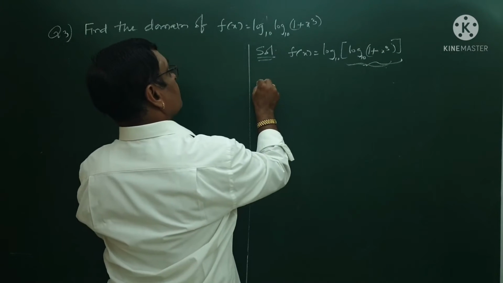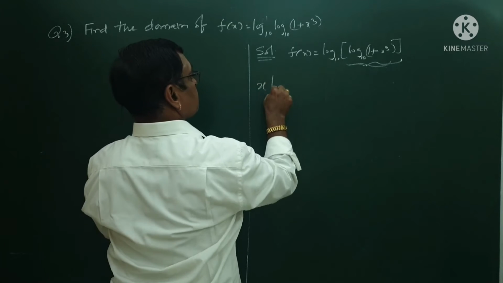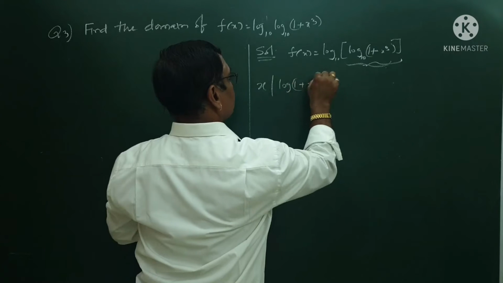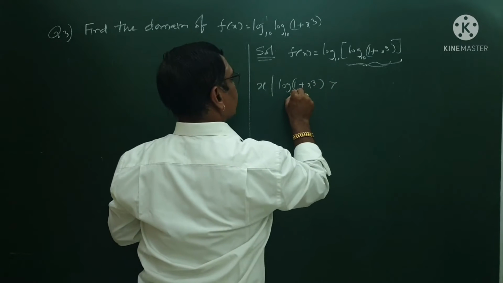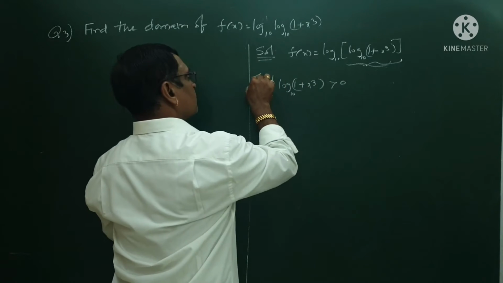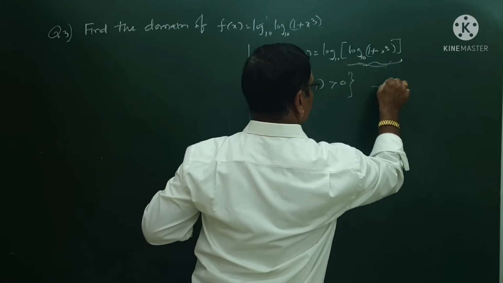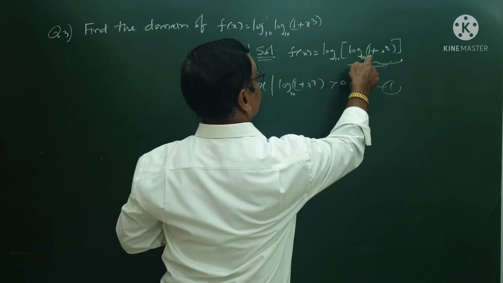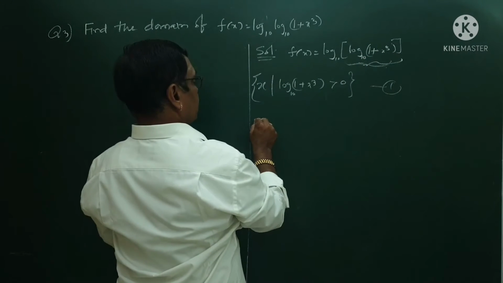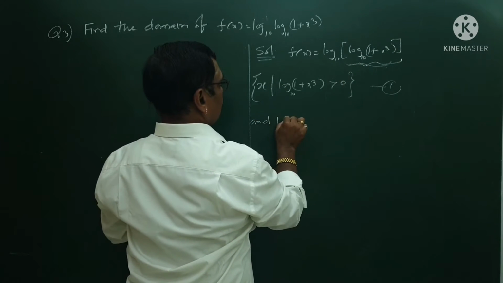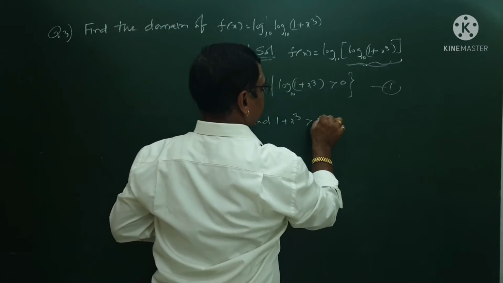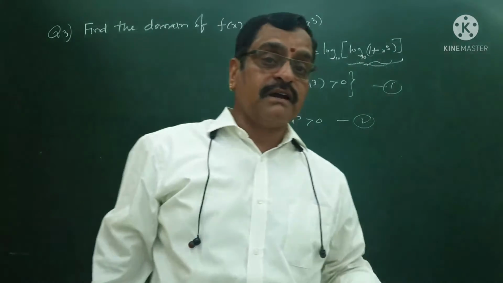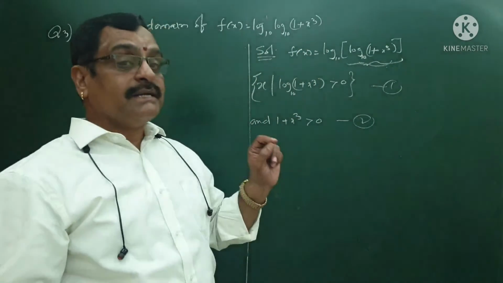So first one, log of 1 plus x cubed base 10 is more than 0. This is number 1. Number 2, we have one more log, log of 1 plus x cubed. So here, 1 plus x cubed is greater than 0. Number 2. Now you have to solve these two inequalities and take their intersection.